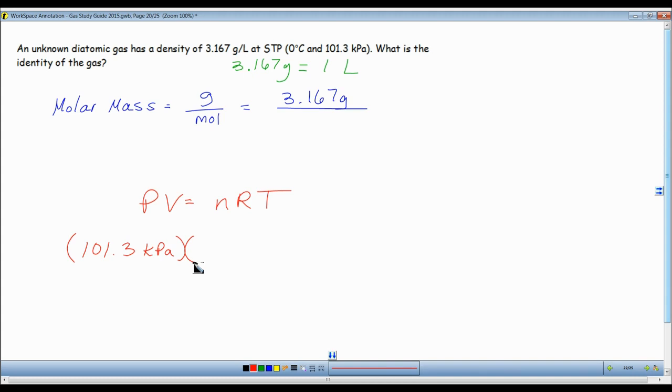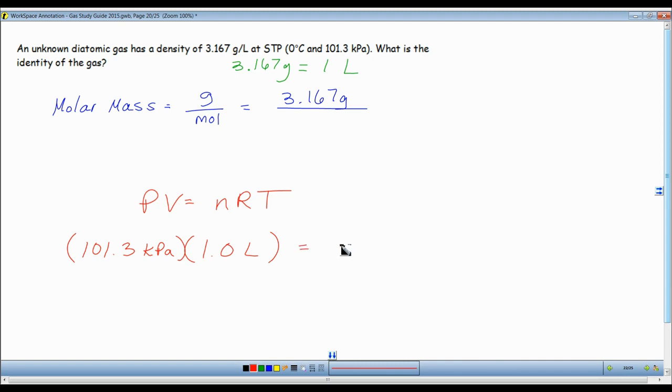But it's hiding. It's hiding in the density. That 3.167 grams is for 1 liter. 1 liter is my volume. Oh, 1 liter. I get too picky on sig figs, so I don't know if you want to go 1.0 liters or just 1. In the end, we'll just leave something kind of reasonable here.